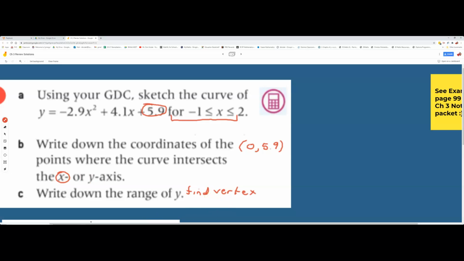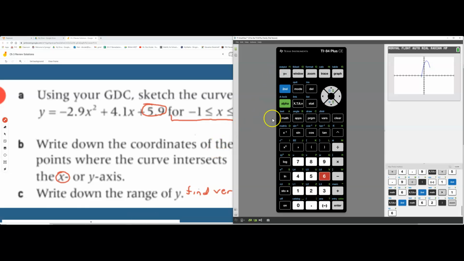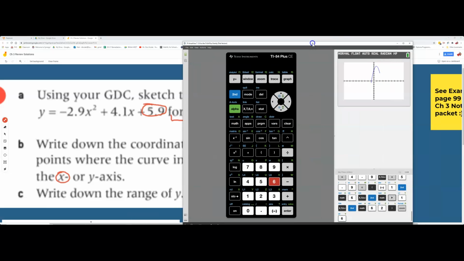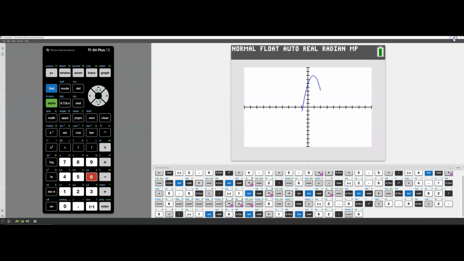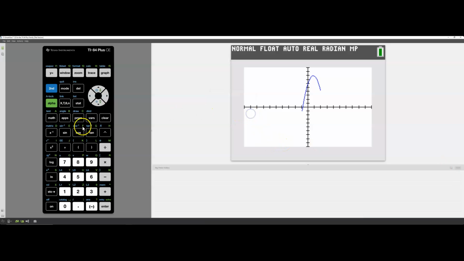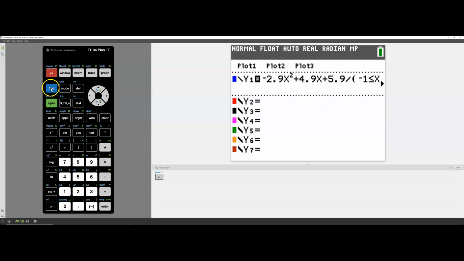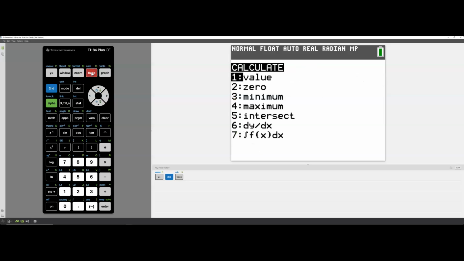Okay, so if I open up my graph again, to get my x-intercept, I'm going to use the intersect key, or the 0 key. So here's my equation, and I'm going to go second calc, and I'm going to pick number 2, a 0.